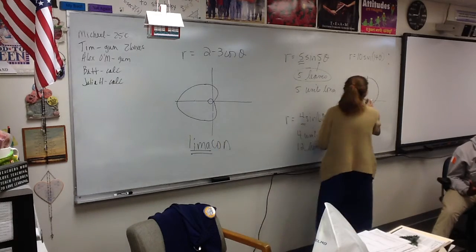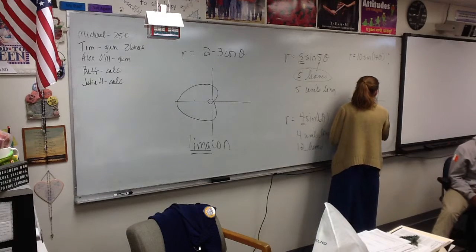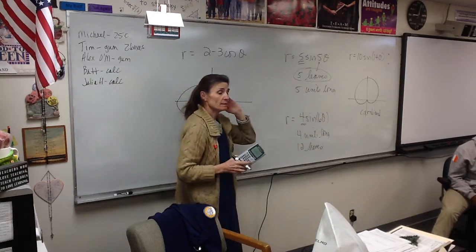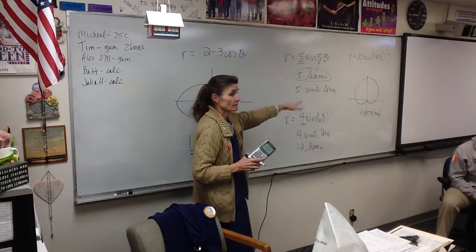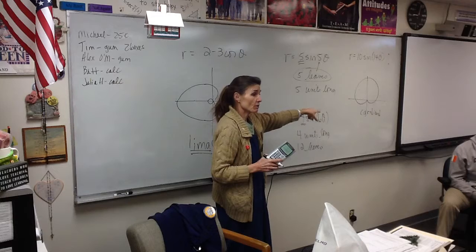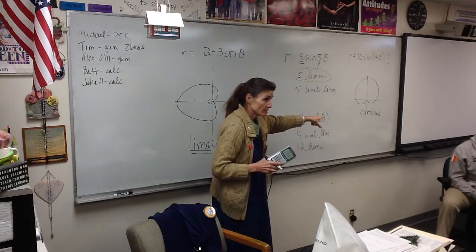This shape is called a cardioid. It is a special limacon. Now listen to me. Both of these are limacons. That is a special one. It is called a cardioid. It looks like a heart, right?